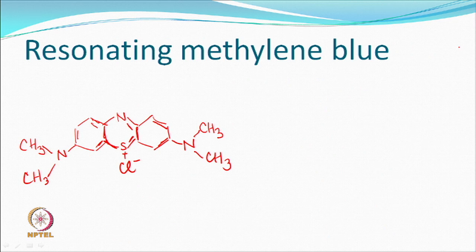The other thing which we said is the resonance. So, you see there is this methylene blue, you have a good conjugation from here onwards, and there is a positive charge on sulfur.